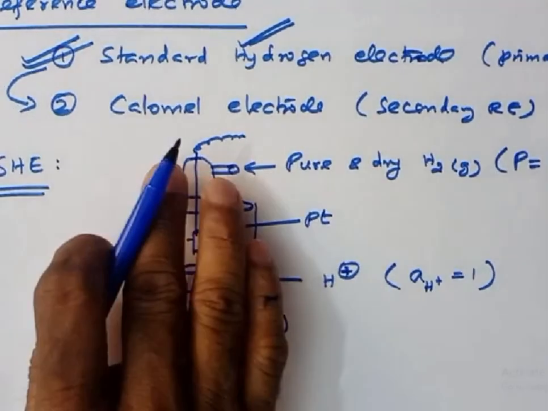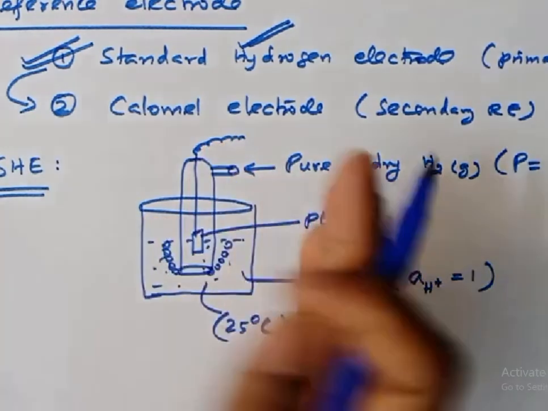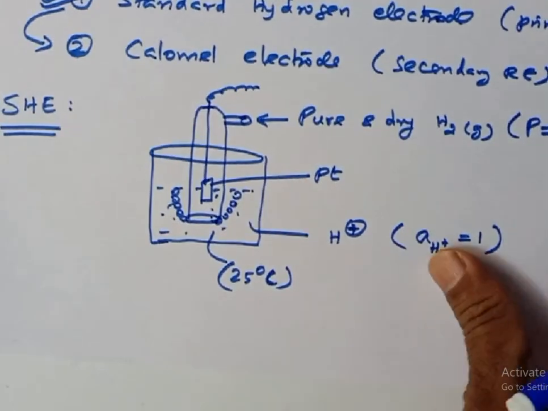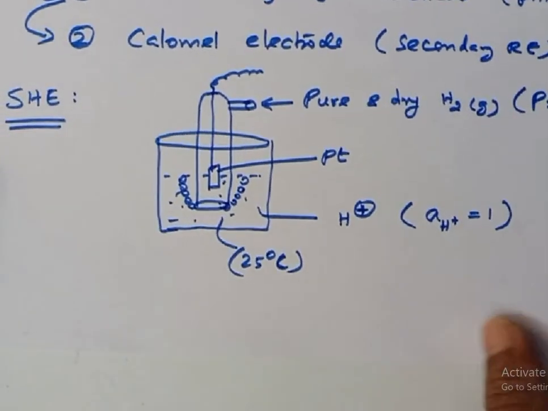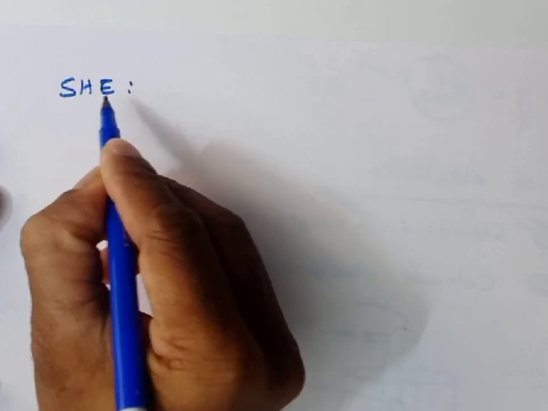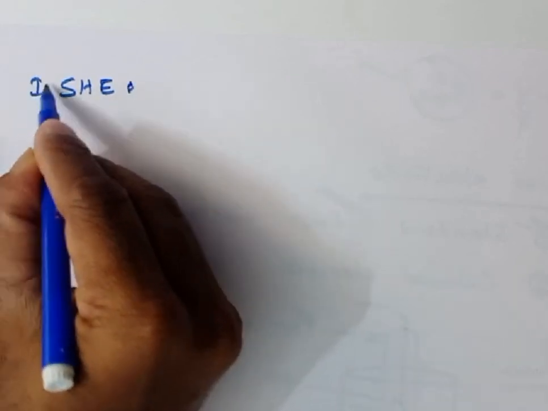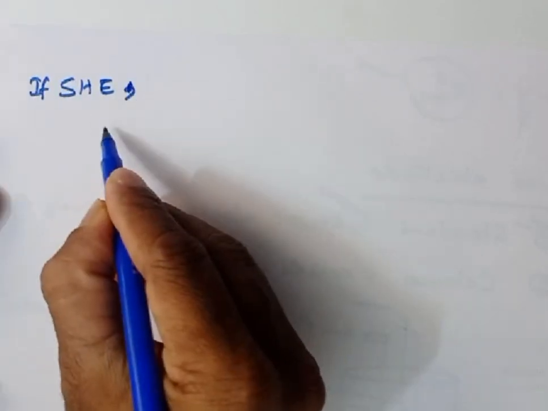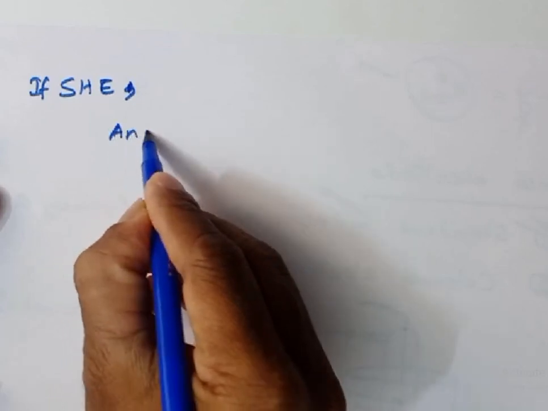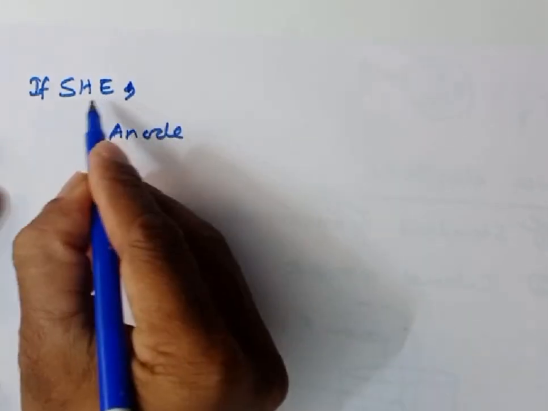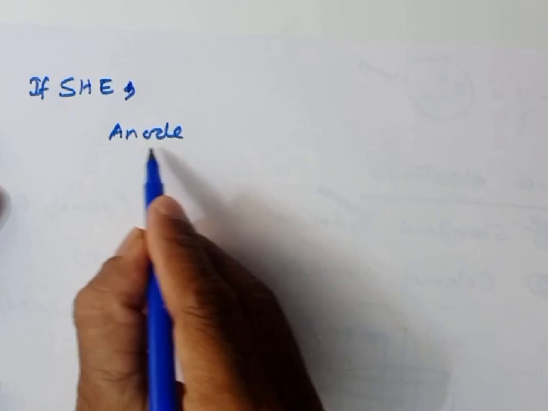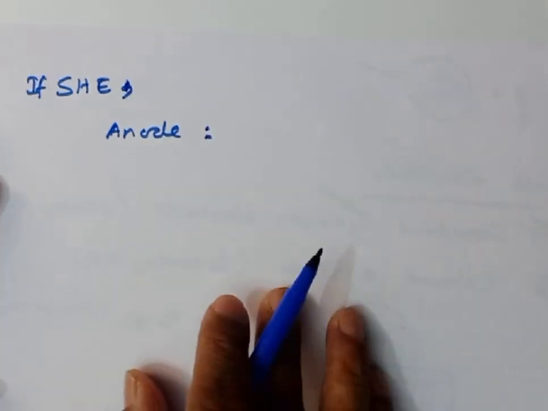If the standard hydrogen electrode is used as anode, then what reaction takes place?